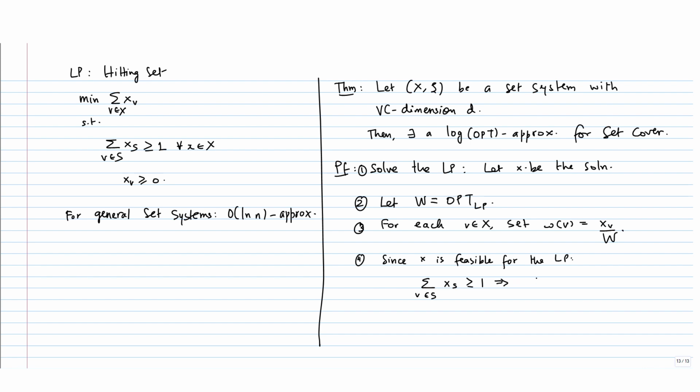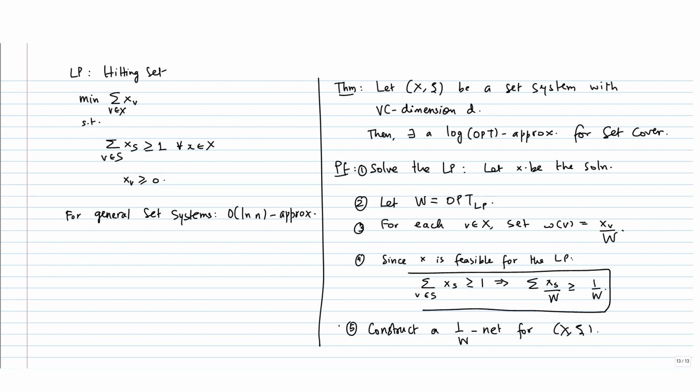So this implies sigma x sub S divided by W is at least 1 over W. Now construct an epsilon net with epsilon equal to 1 over W. You see that every set has weight at least 1 over W. Therefore, every set is large.